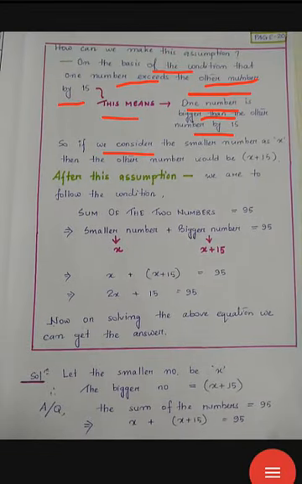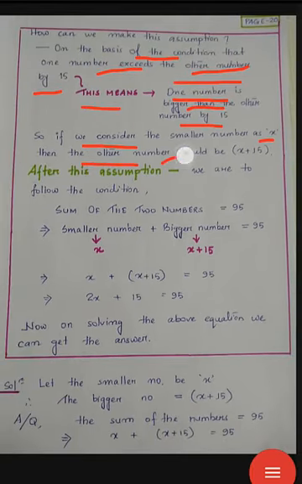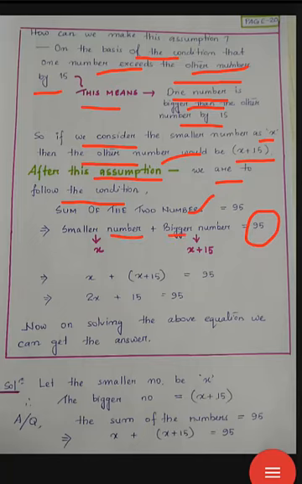So if we consider the smaller number as x, then the bigger number will be x plus 15. After this assumption, we are to follow the condition: the sum of the two numbers is 95.